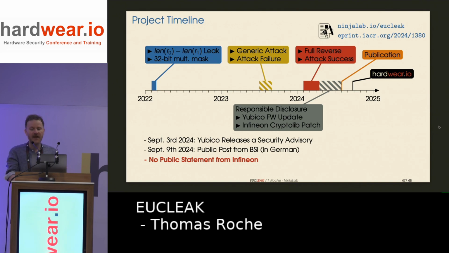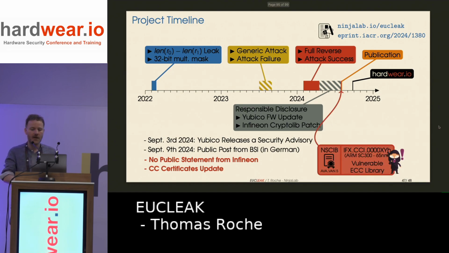And in fact, the single information we have from the CC scheme, the Common Criteria scheme, and Infineon is the update of the CC certificate, which went pretty fast. What is interesting about this certificate update, so I take the first one, which was actually issued by the Dutch scheme, is that they recertify the chip keeping the old cryptolib version unchanged.